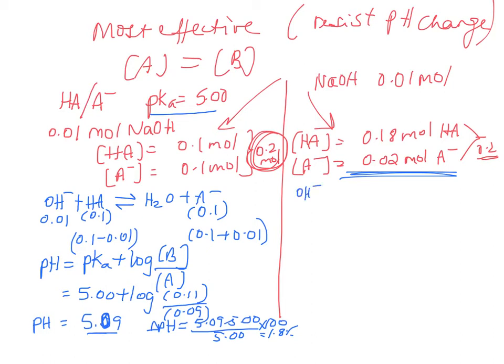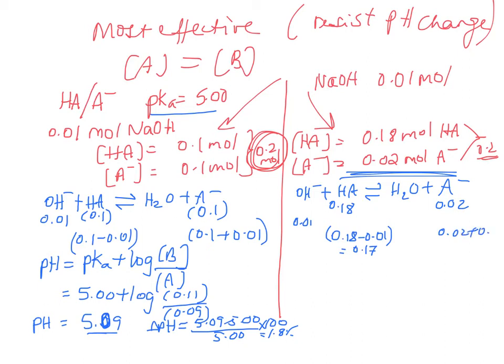Your added hydroxide is still going to react with the HA, giving you water and A minus, but realize that you start with 0.18 of the HA, and so the added hydroxide is going to take away a little bit of that, so 0.18 minus 0.01 will give you 0.17, while you're going to add to the A minus, giving you 0.03 as your overall anion.